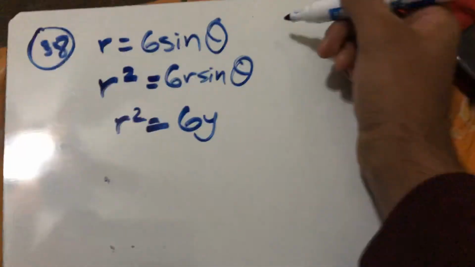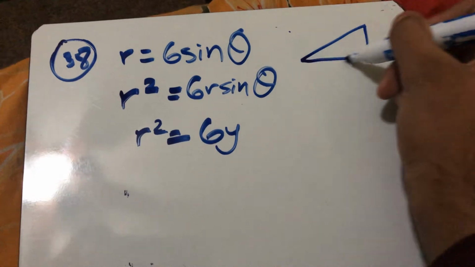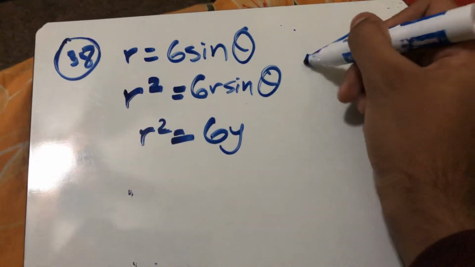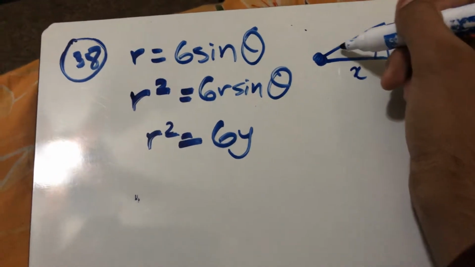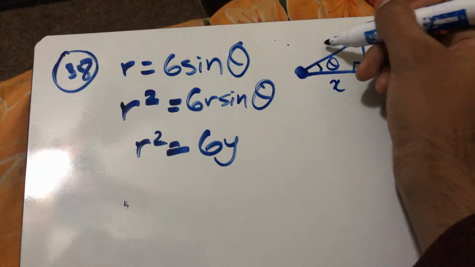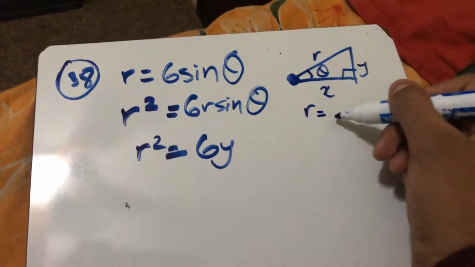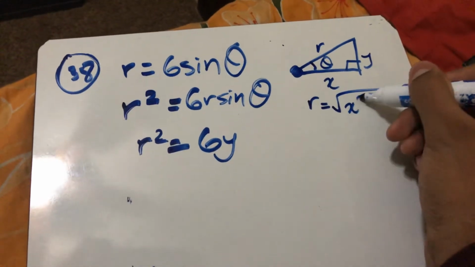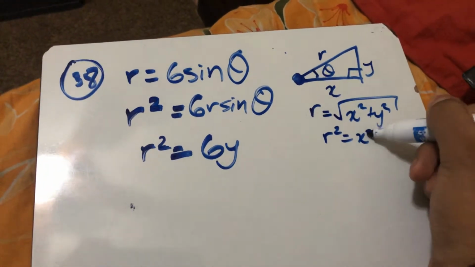R squared, well, if I have a right angle triangle, this is my origin, right? This is my x, this is my y, and so that's in terms of rectangular. In terms of polar, this would be theta and this would be r. We know that r, by the Pythagorean theorem, is the square root of x squared plus y squared, which would mean that r squared is equal to x squared plus y squared.